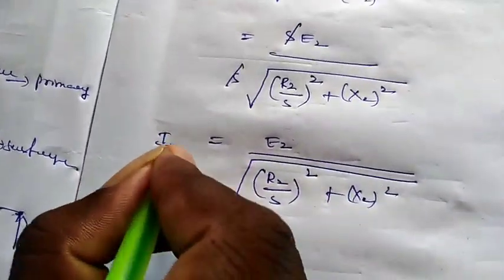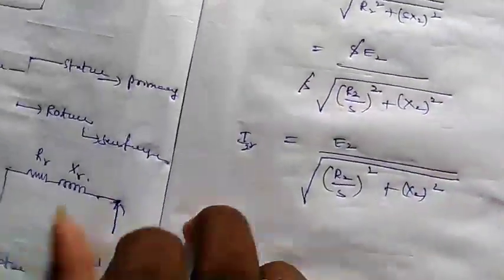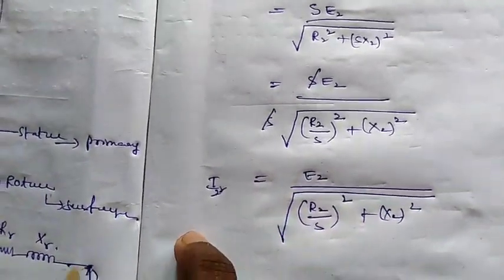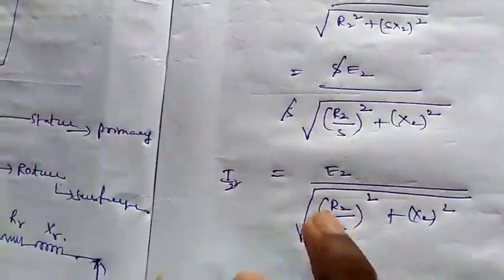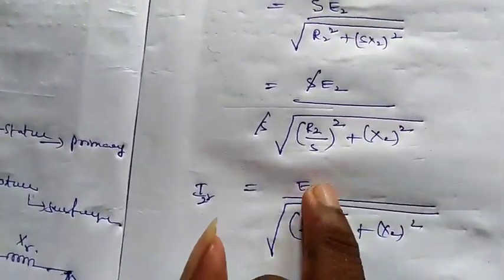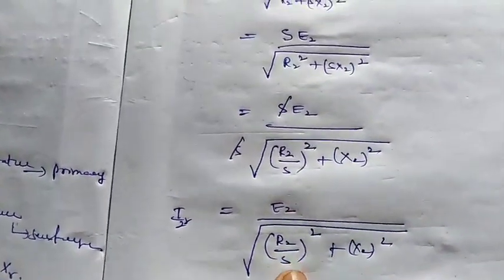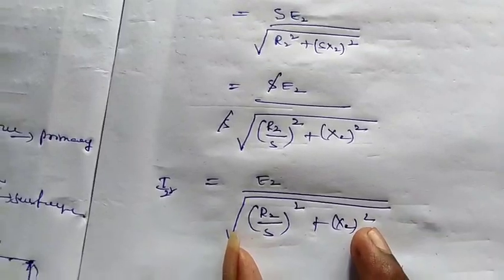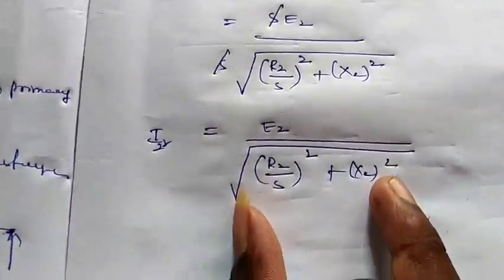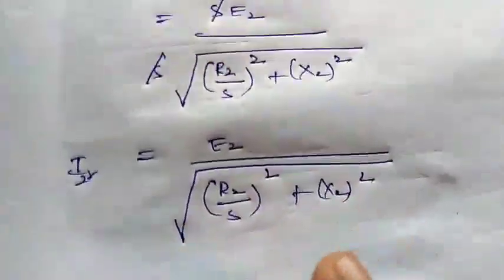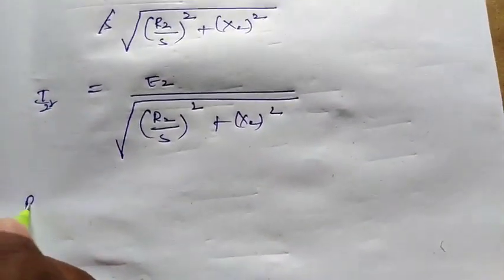So that is I2. The rotor current is the voltage at the rotor divided by resistance and reactance. This combination is the impedance. So we can represent R2 by S.